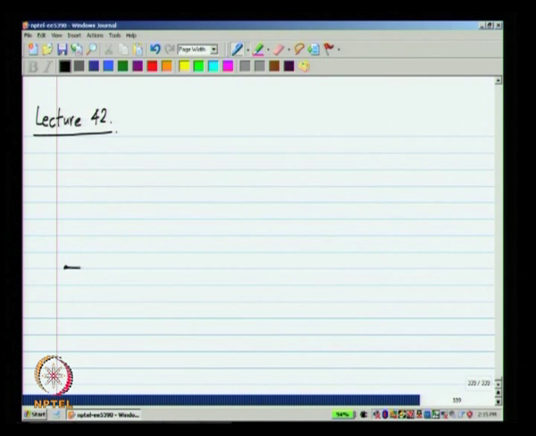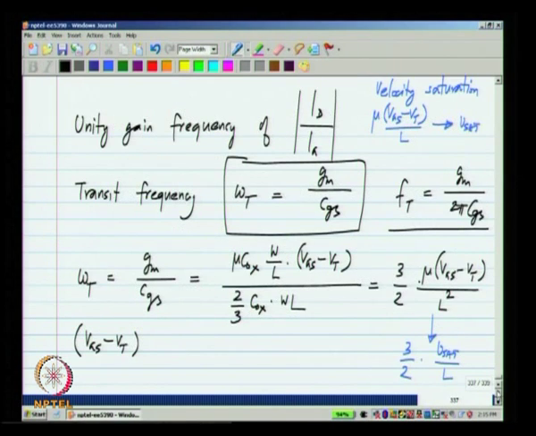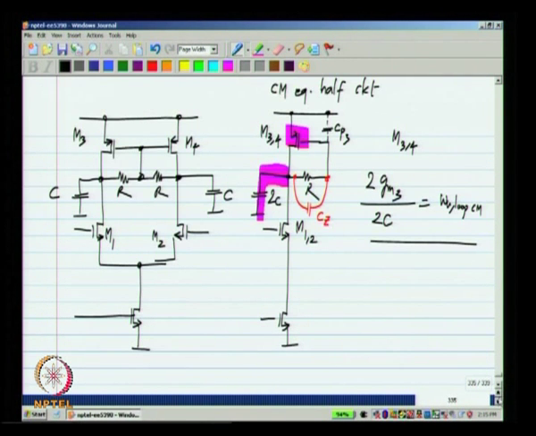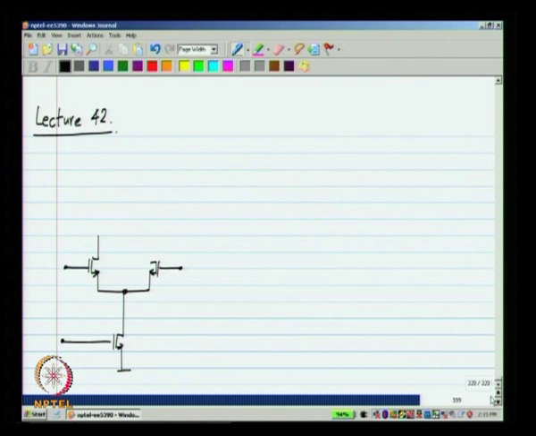So first, a quick review of a very simple fully differential single stage op amp.